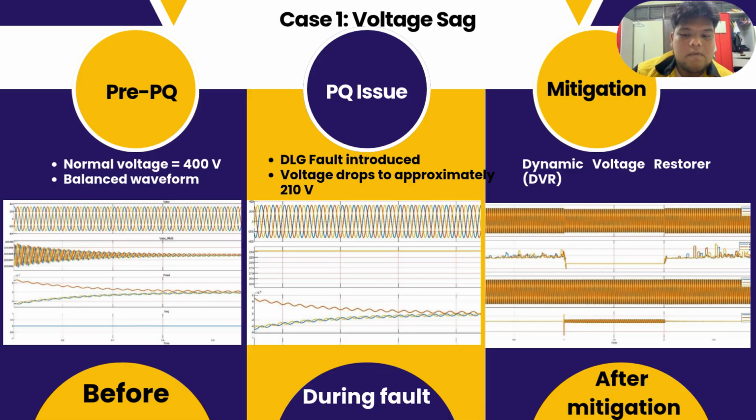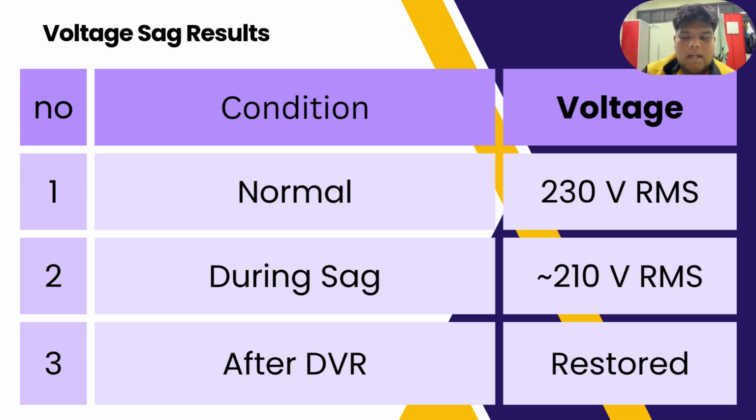This represents a voltage sag condition that can negatively affect sensitive electrical equipment. To mitigate the disturbance, the DVR is activated and injects the required compensating voltage into the system, as shown in the waveform after mitigation. The voltage is restored close to its nominal value, demonstrating the effectiveness of the DVR in maintaining the power quality.